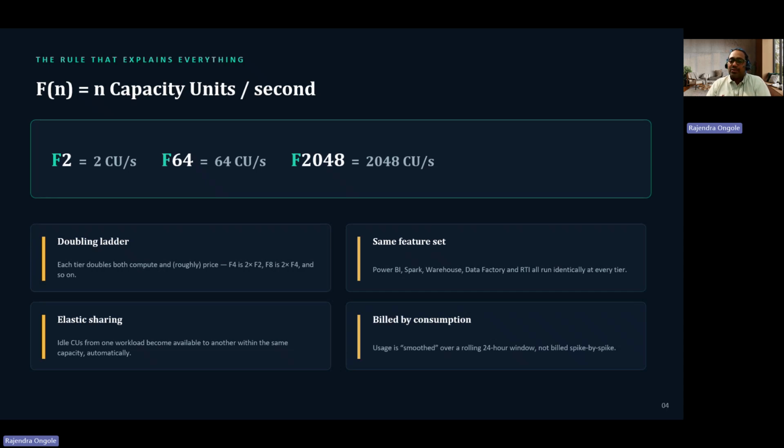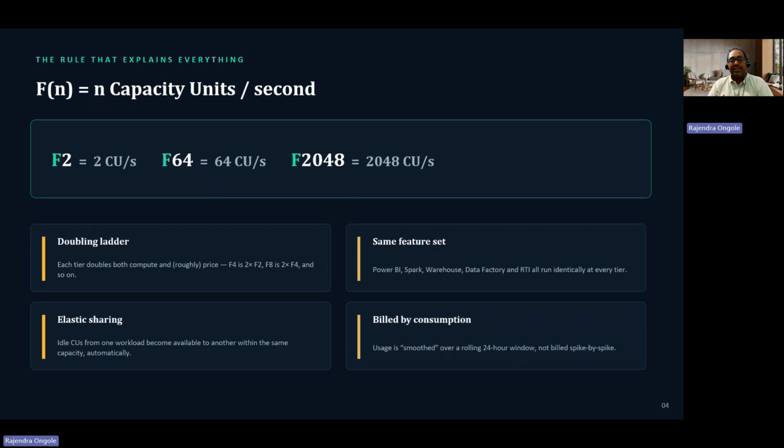Each tier doubles the compute. F4 is 2 times F2, F8 is 2 times F4. It doubles at each and every level.